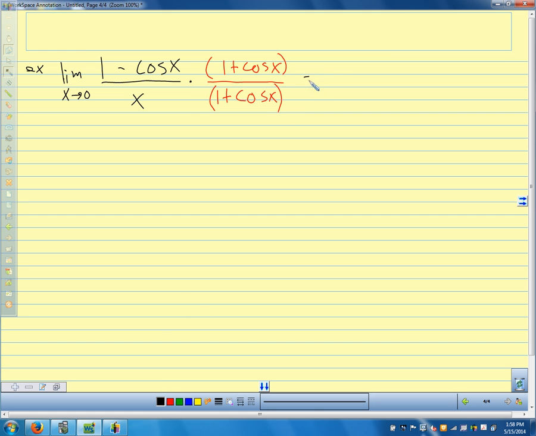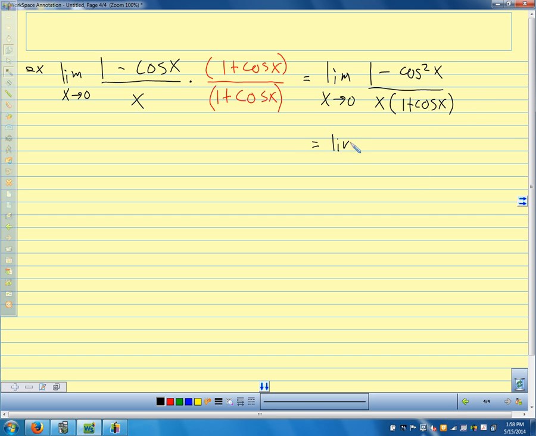So when I multiply this out, I get the limit as x approaches 0 of 1 minus cosine squared x over x times 1 plus cosine x.